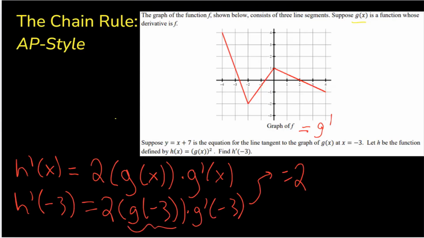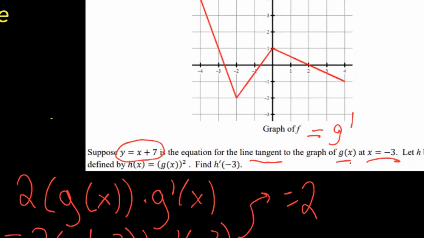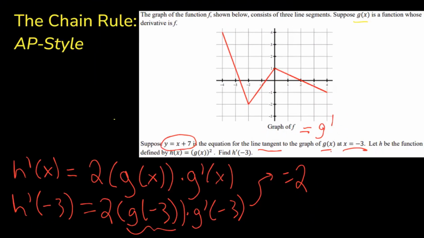We don't know what the function g is, but we do know that the equation for the tangent line to the graph of g at x equals -3 is y equals x plus 7. Why that is significant is because at this particular point, we're trying to figure out what the value of g is, and a tangent line at that point is going to share the same value.